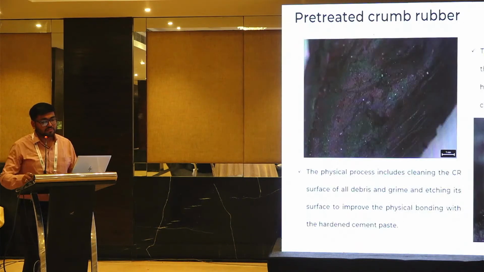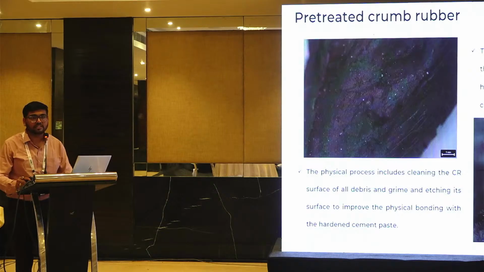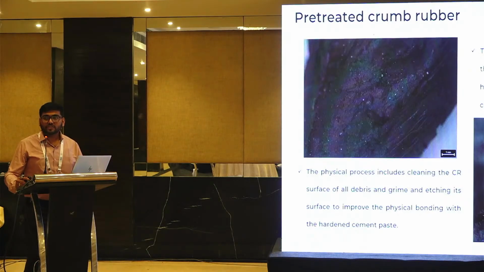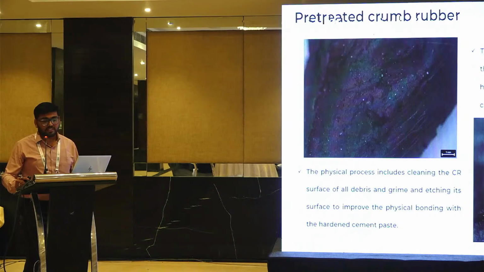Why we have gone for the sodium hydroxide pre-treatment is that it works in two ways. It changes the physical as well as the chemical nature of the rubber particle. Physically, it etches the rubber particle and converts the smoother texture into a rougher texture, as you can see in the bottom right corner image.